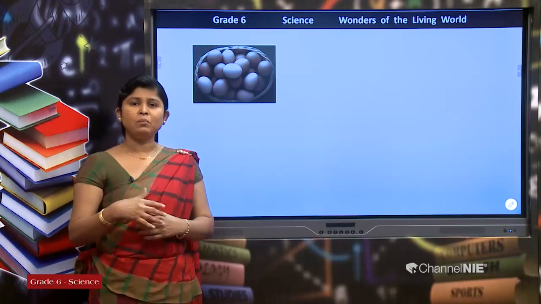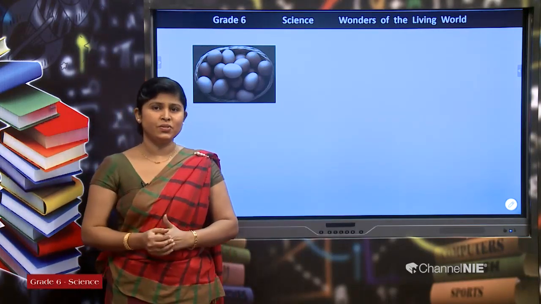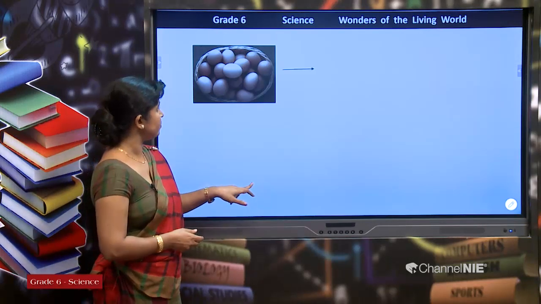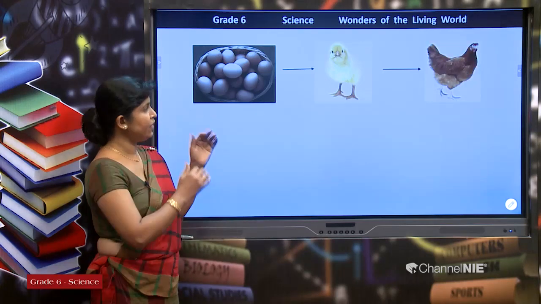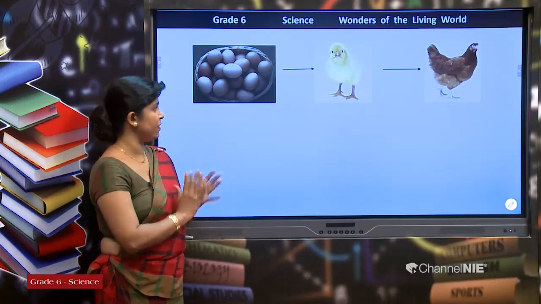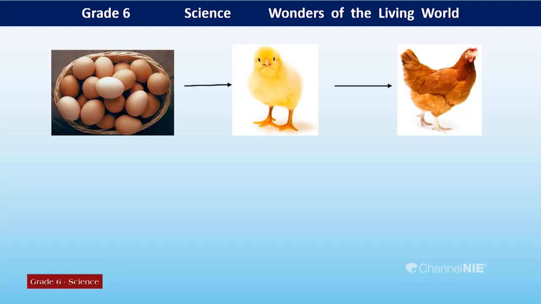Right. To explain more and more about growth, I have got some other pictures to show you. Yes, I think you can understand the sequence. Eggs, then the chick comes out from the eggs and there is a cock or a hen.